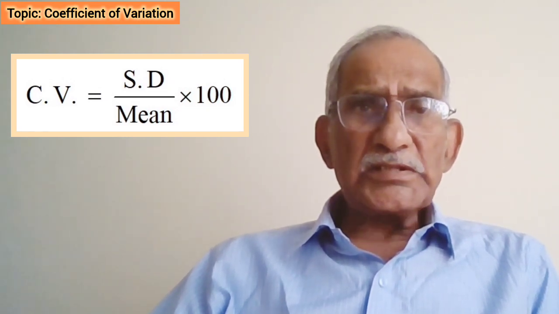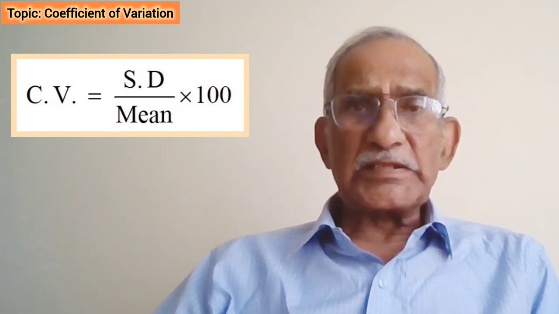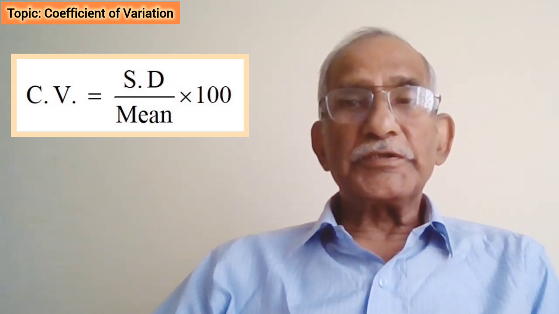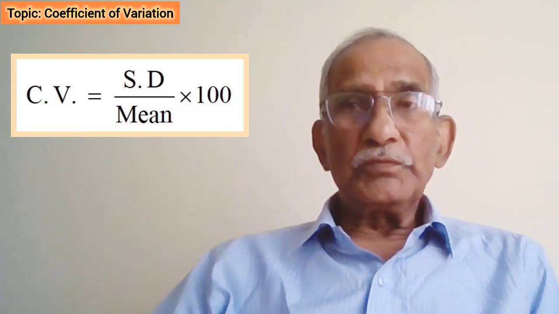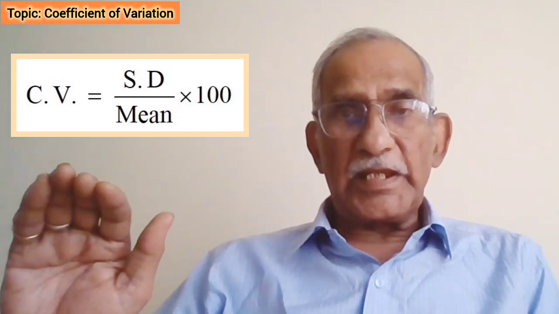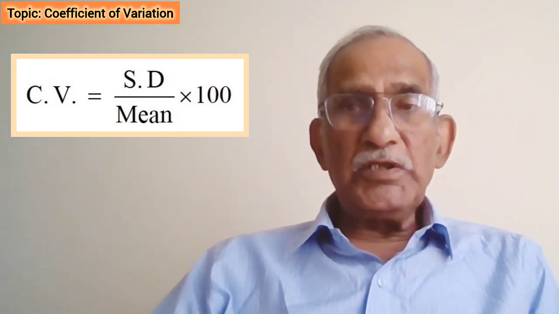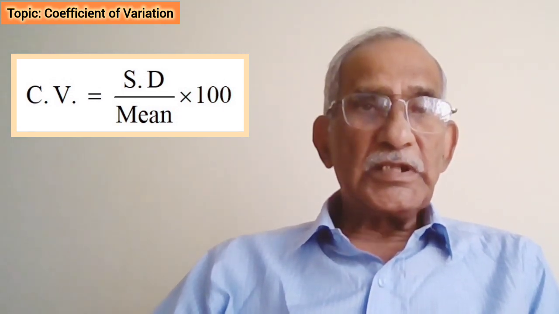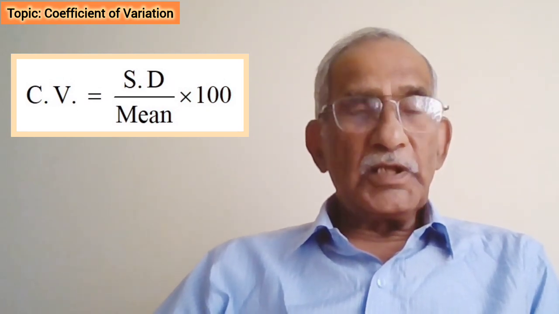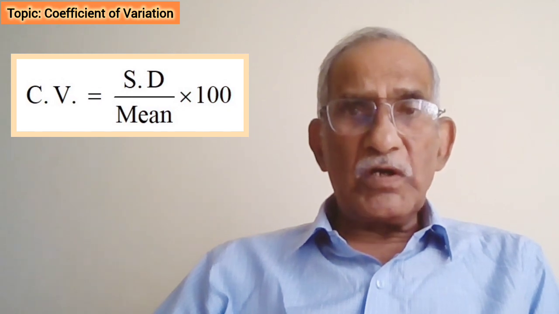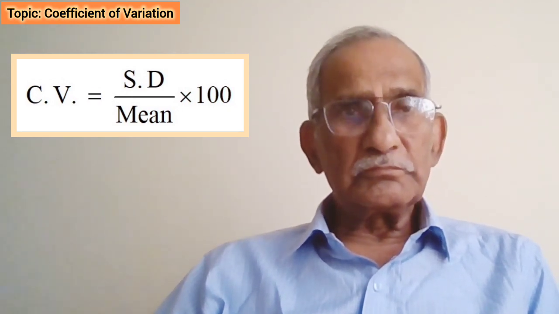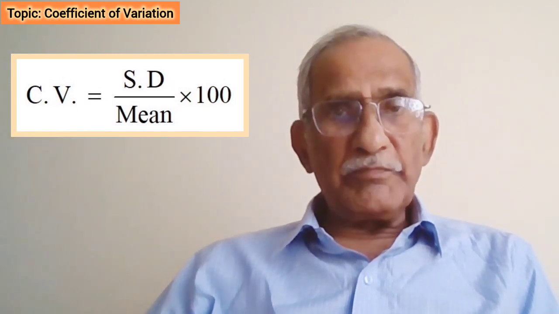This measures variation in data sets assuming that the mean is 100. So, all the data sets are brought on the same scale, having the mean of each data set as 100. Now, whether data are small or big, that problem has gone. Now it is comparable.